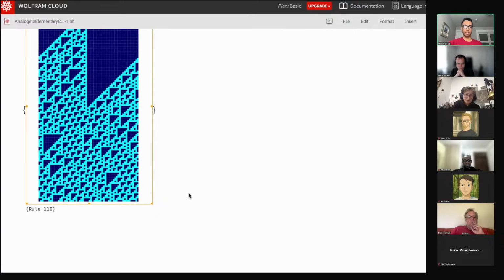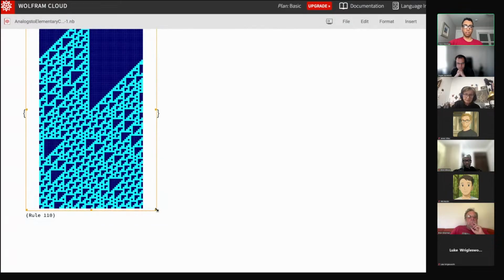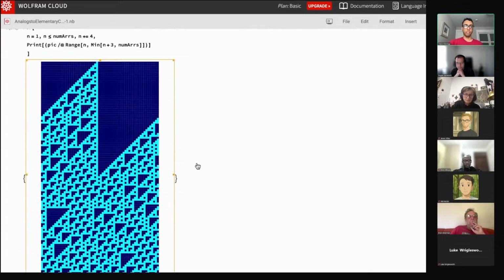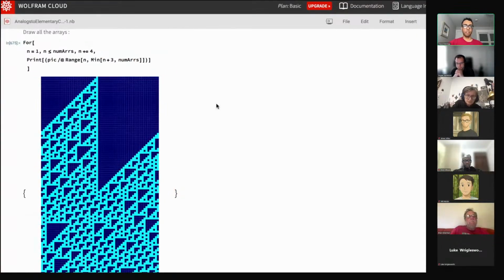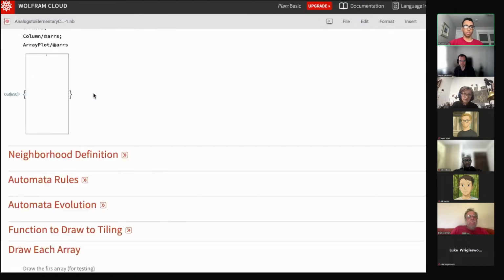The reason is the topology of the hexagons, the three neighbor hexagons, it doesn't produce chaos as often as I think the square grid does. Would this be rule 110, do you think? Yeah. Okay, cool. Let's see what it looks like on the hexagons.